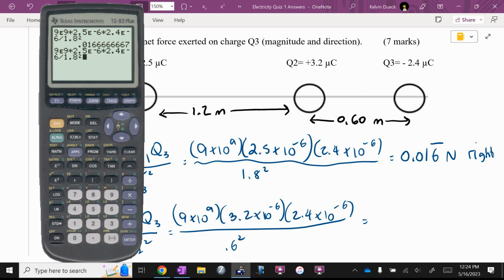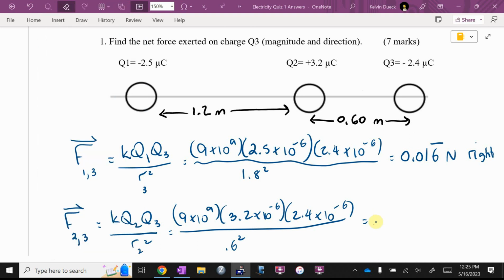I can just backspace and edit with a bit of cleverness. I think I can change that to a 3.2, and I can change that to a 0.6, and I get 0.192 newtons. Direction, which way will charge 3 feel a force because of charge 2? They're unlike. They're going to be attracted, so charge 3 would feel a force to the left.